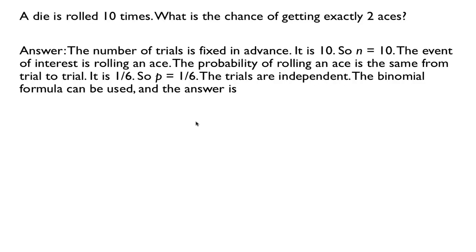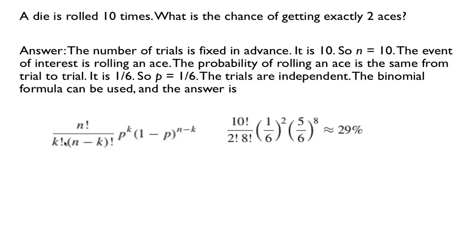These tries are independent, so that means the binomial formula can be used, and the answer is simply applying this formula. So what is n? N is 10. K is when we do this 10 times, we need to get exactly 2 aces. So k is 2, and then n minus k is 8. So n is 10, 10 minus 2 is 8.